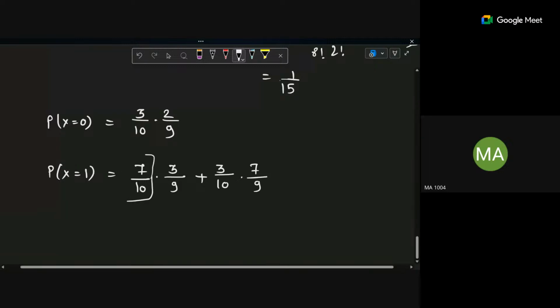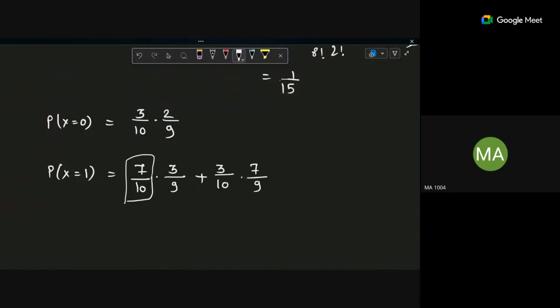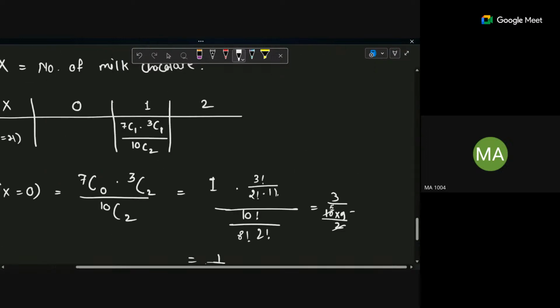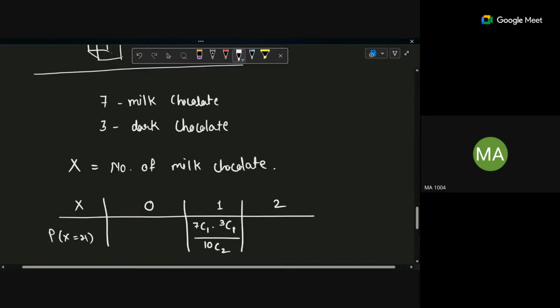That's why 7 by 10, that means you have selected one chocolate. 7 by 10 is the probability that out of 10 chocolates, you will get a milk chocolate. If you have 10 chocolates, out of which 7 are milk and 3 are dark, the question is simply what is the probability that you will get a milk chocolate?